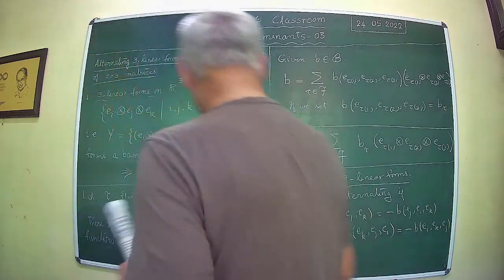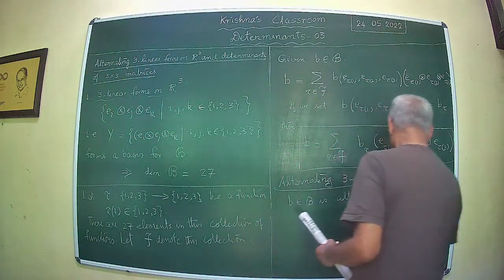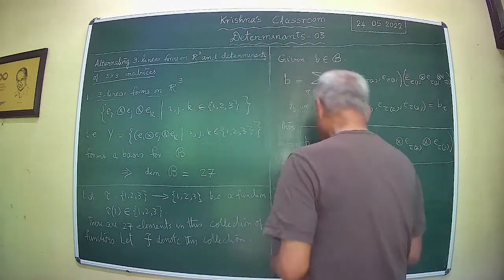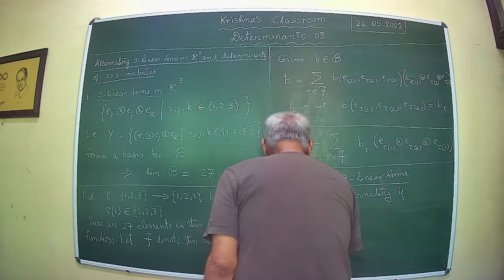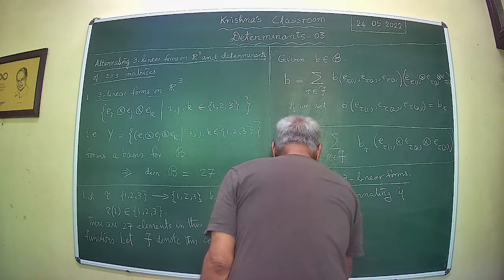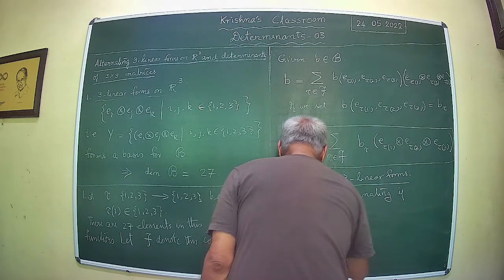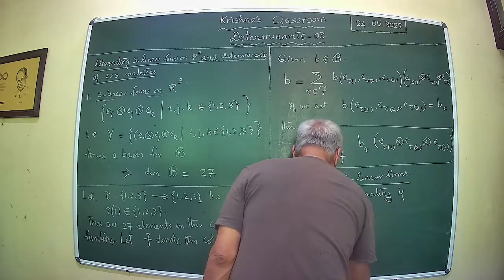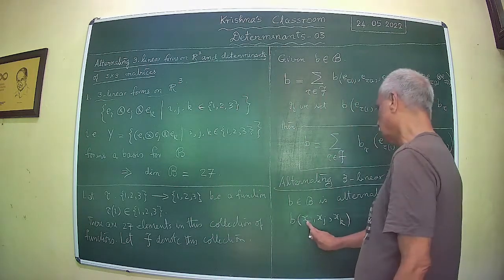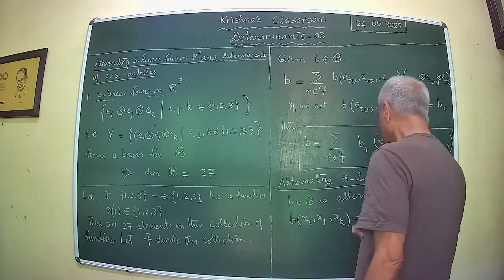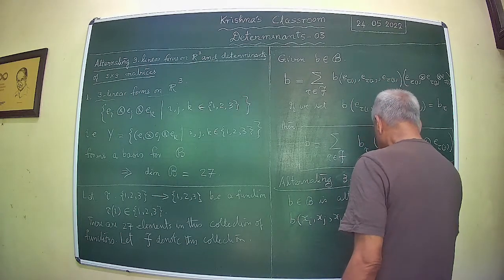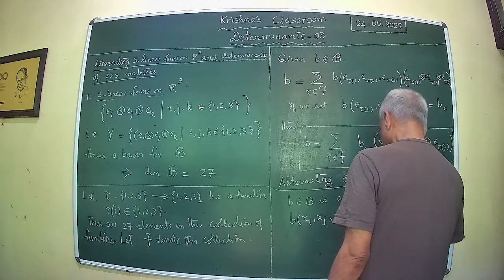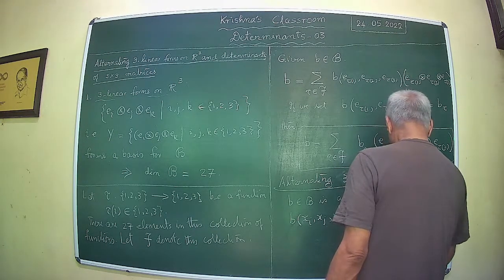I would rewrite the whole thing as follows: B of Xi, Xj, Xk is equal to minus B of Xj, Xi, Xk.